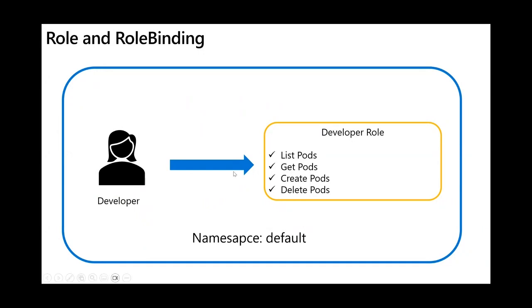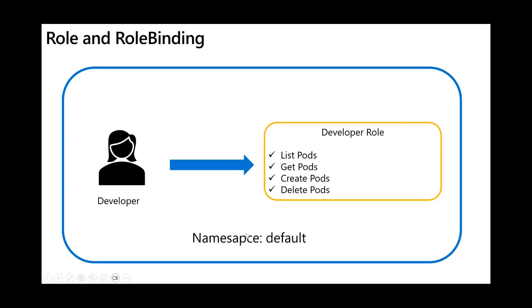So here we have a role, which is defining permissions for a specific namespace. So what actions can be performed on resources in that namespace. And then here we can see the role binding, which is tying the user here, the developer, to the rules for that namespace.